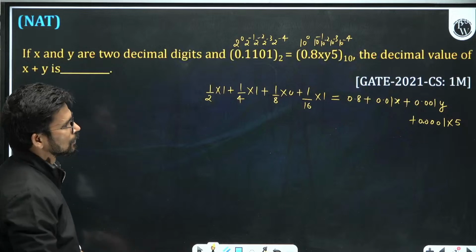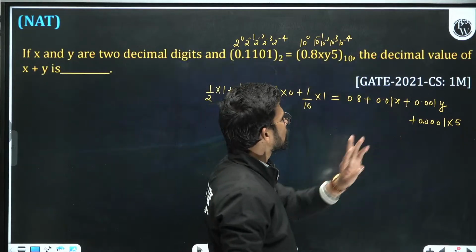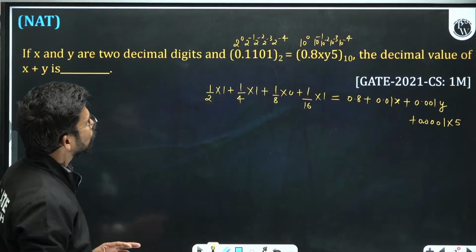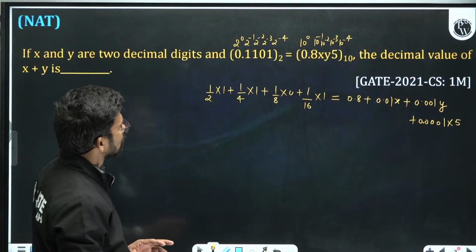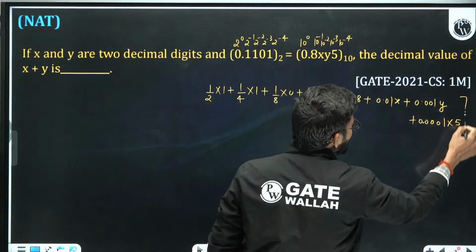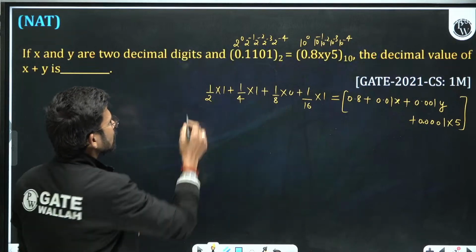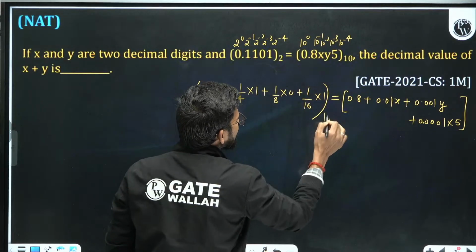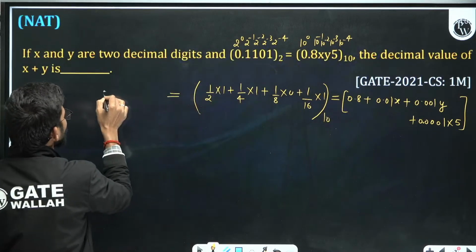You need to find the values of x and y. Basically, we don't need the original relation, since we are directly converting this into decimal, so we'll directly compare the corresponding positions.